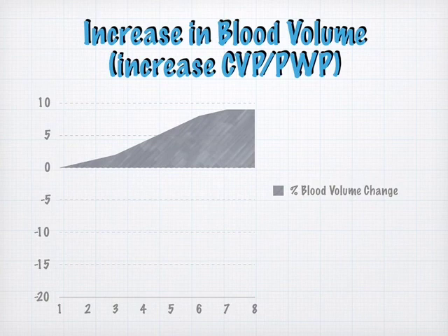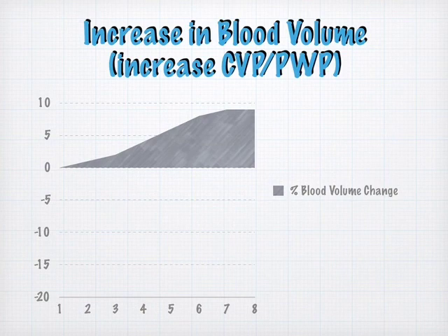So blood volume change is the opposite of hematocrit. So when this graph goes up, like the graph that you're seeing right here, that means that the person's blood is becoming more dilute. So their blood volume must therefore be increasing. So if we have an increase in blood volume, like on this graph here, you see that 0, and by the way, at the bottom there, the 1 through 8, that's supposed to be time.